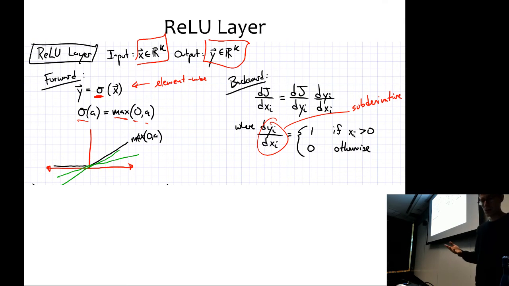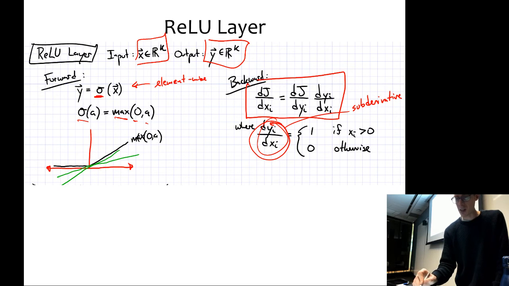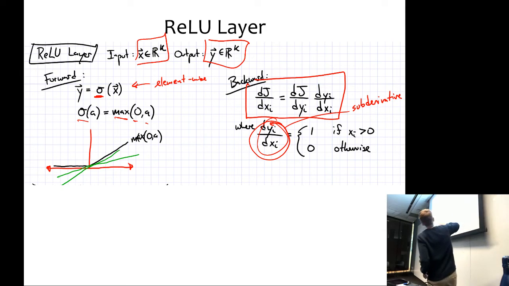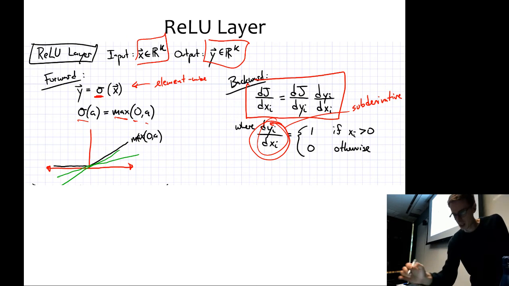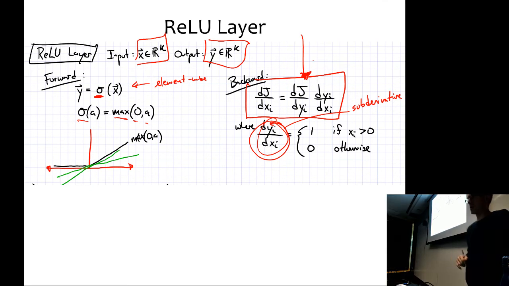So you could use this partial derivative inside an adjoint computation to get back the partial derivative of the final output, dj, with respect to xi. And you would do that by assuming that the module receives dj dyi, and then you can compute via the chain rule the dj dxi's.